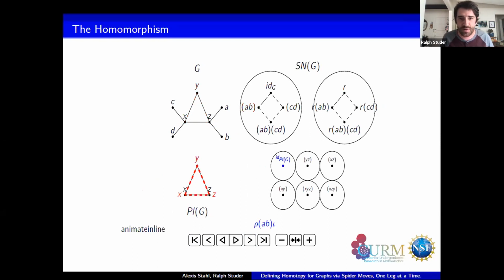And then we can see rho sends that back to the identity of pleat G in the spider nest of pleat G. And then iota maps the image back into G. And then we do the reflection that sends X to Z and Z to X. And then we can see when rho sends that back into the pleat, we are now in the component that contains XZ rather than the identity.